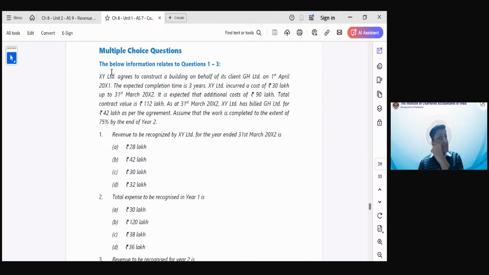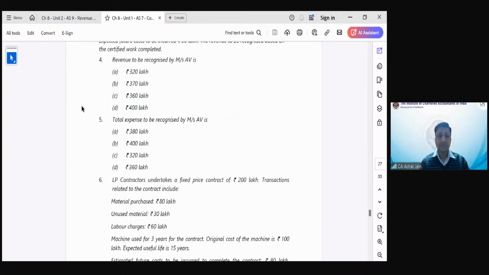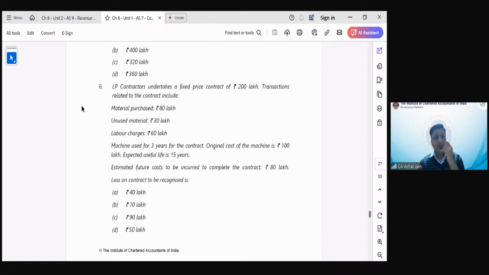Okay, so Priya is asking about MCQ question number 6. Sure. So if you look at MCQ question number 6, page number 8.27. Okay, this one? Yeah? All right.